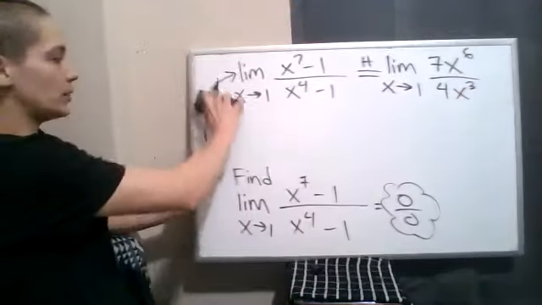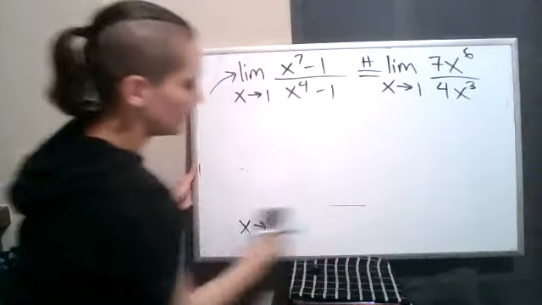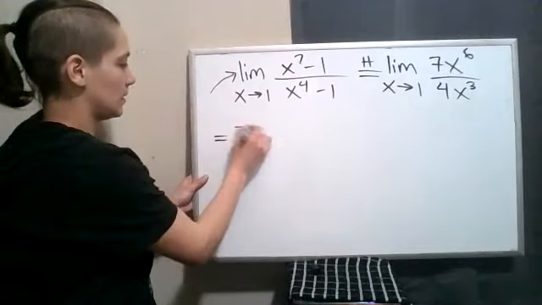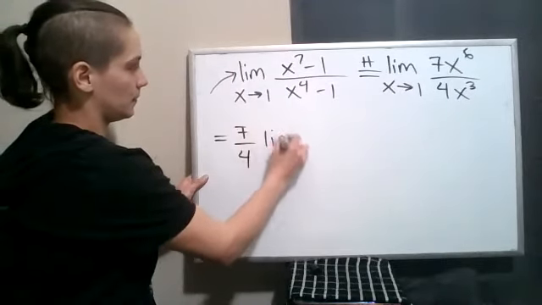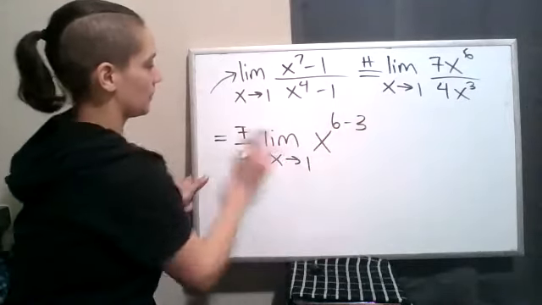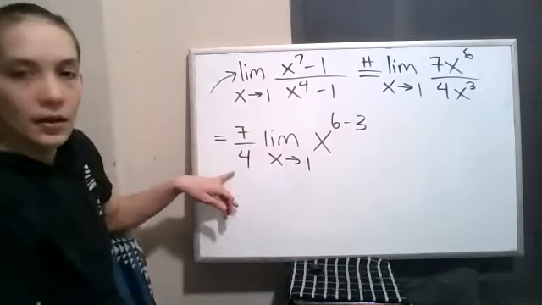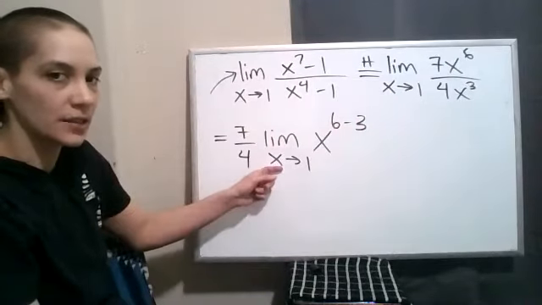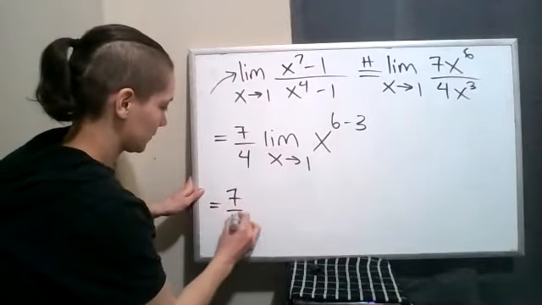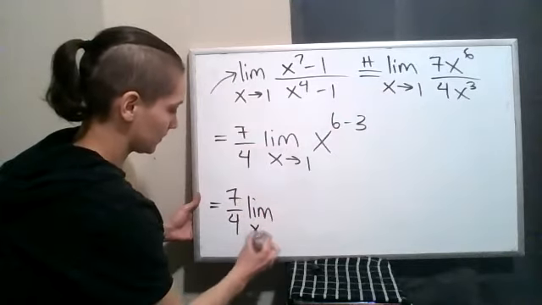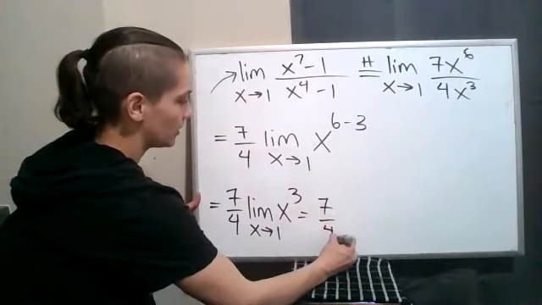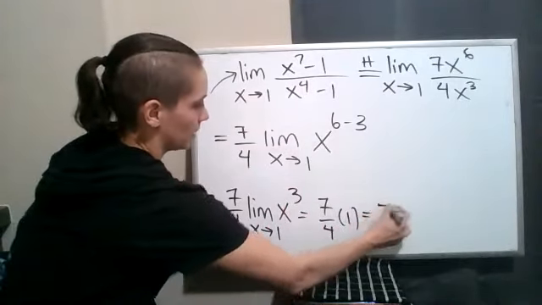We will bring out 7/4 and then think about the limit after that. X to the 6 minus 3. So we have 7/4 times the limit as x goes to 1 of x cubed. And 7/4 times 1 is 7/4.